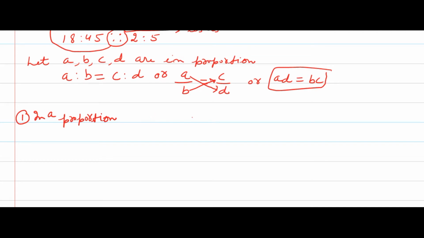If I write it as A ratio B is as C ratio D, the first and fourth terms, that is this term and this term, we will call extremes.